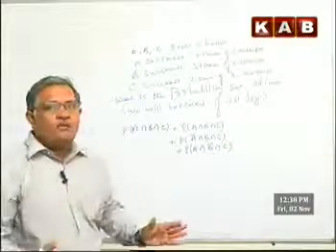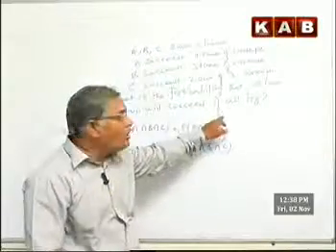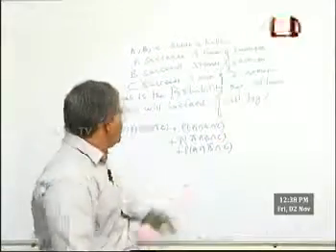And if you observe, these are independent events. A hitting a balloon does not depend upon B hitting a balloon or C hitting a balloon.